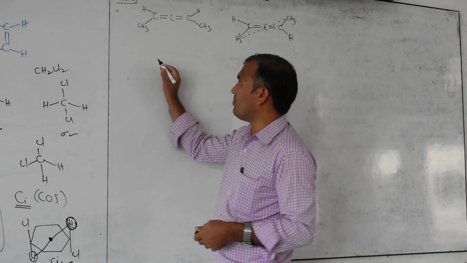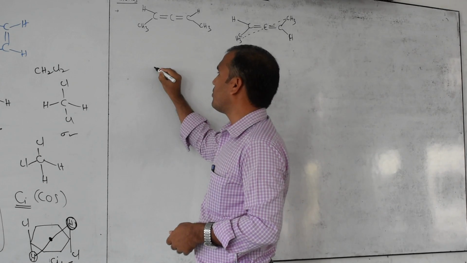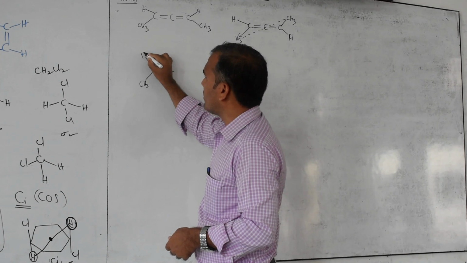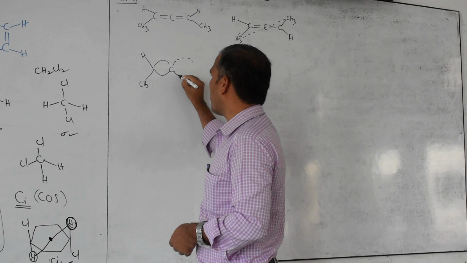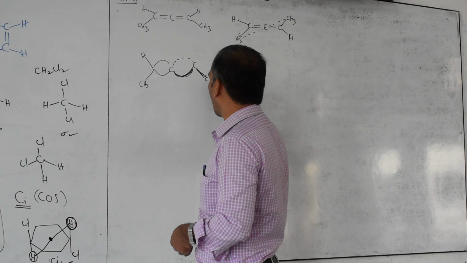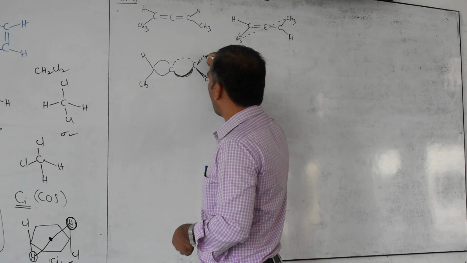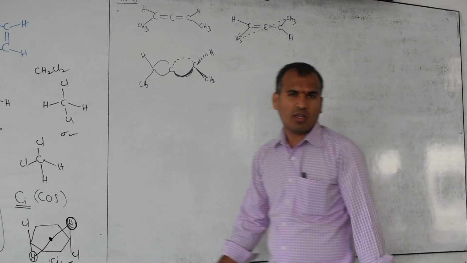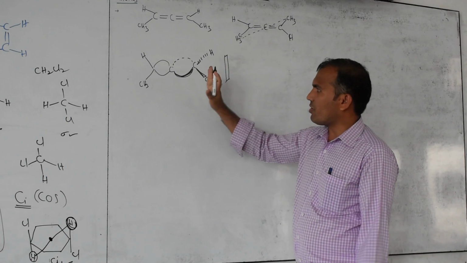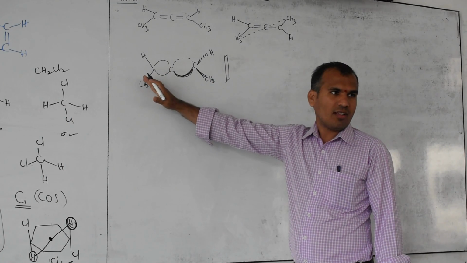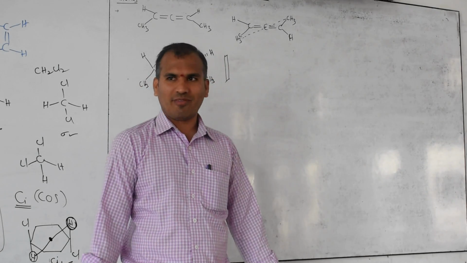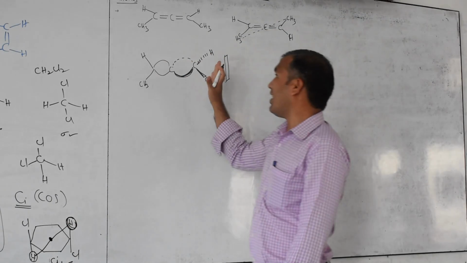So if you draw this one, if you consider this vertical, this is CH3, this is H, this is the back carbon, this is the front carbon, this is CH3, this is H. Its mirror image I am drawing now. In the mirror, which appears first? Last class only I told you that if you see like this in a mirror, my front part will appear first, not the back. So this is the front, this is away.